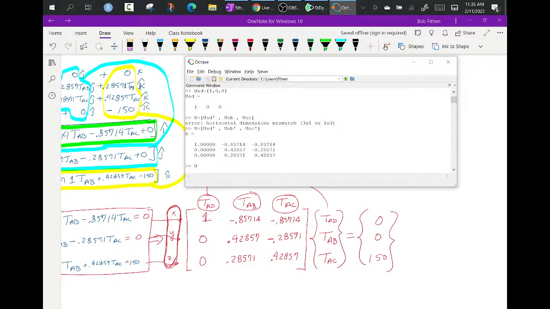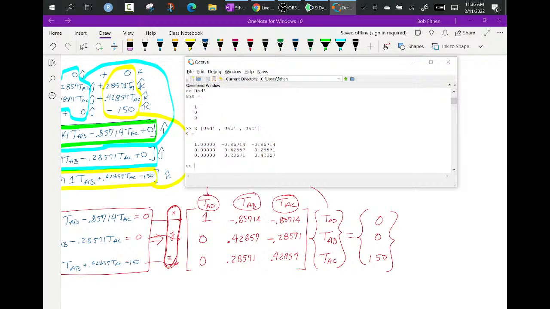Here's UAD with an apostrophe at it. And so what it does is it creates a column vector. Now if I take two column vectors and put them with a comma between them, I'll have a column vector and a column vector. So just like that, I can have the matrix.